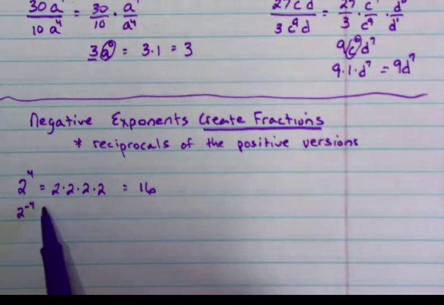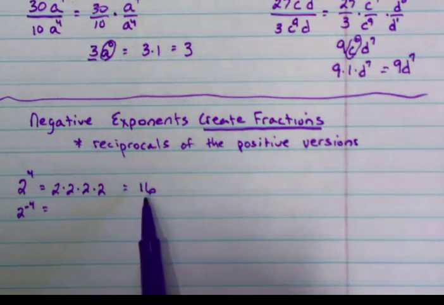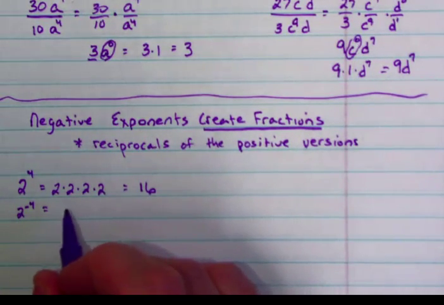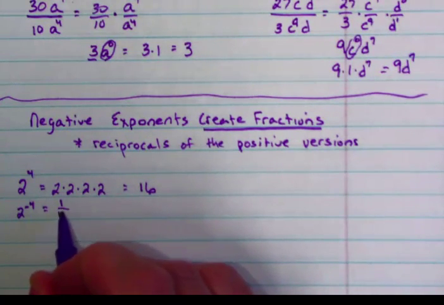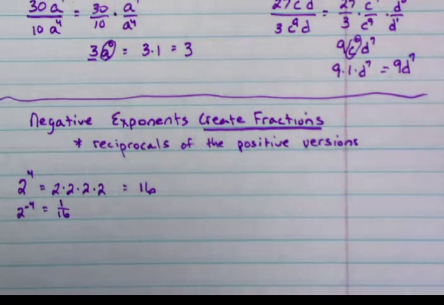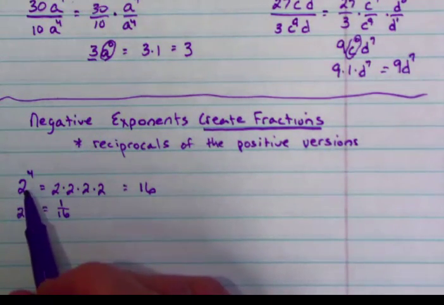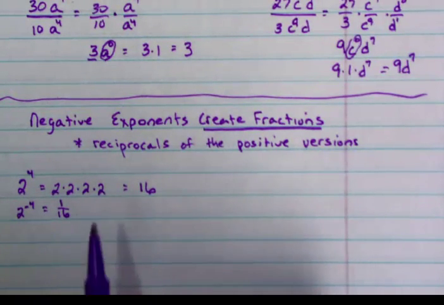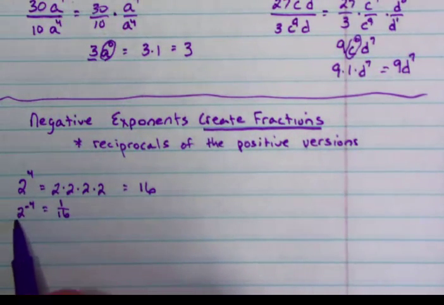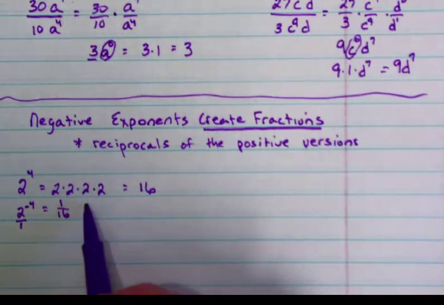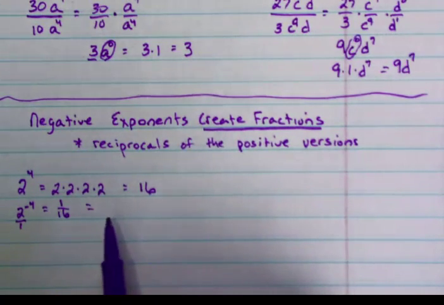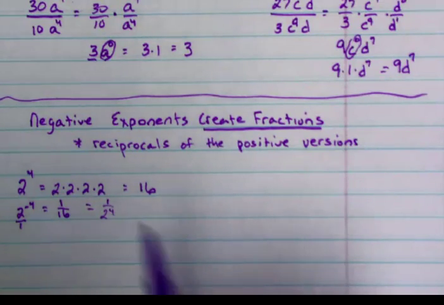So if I think of this as being 16 over 1, 2 to the negative 4th power is 1 over 16. You could even think of it as the reciprocal of the positive exponential form. So 2 to the 4th power, if I consider that being over 1, 2 to the negative 4th power again is over 1. If I flip that fraction and make the positive exponent, it would be 1 over 2 to the positive 4th.